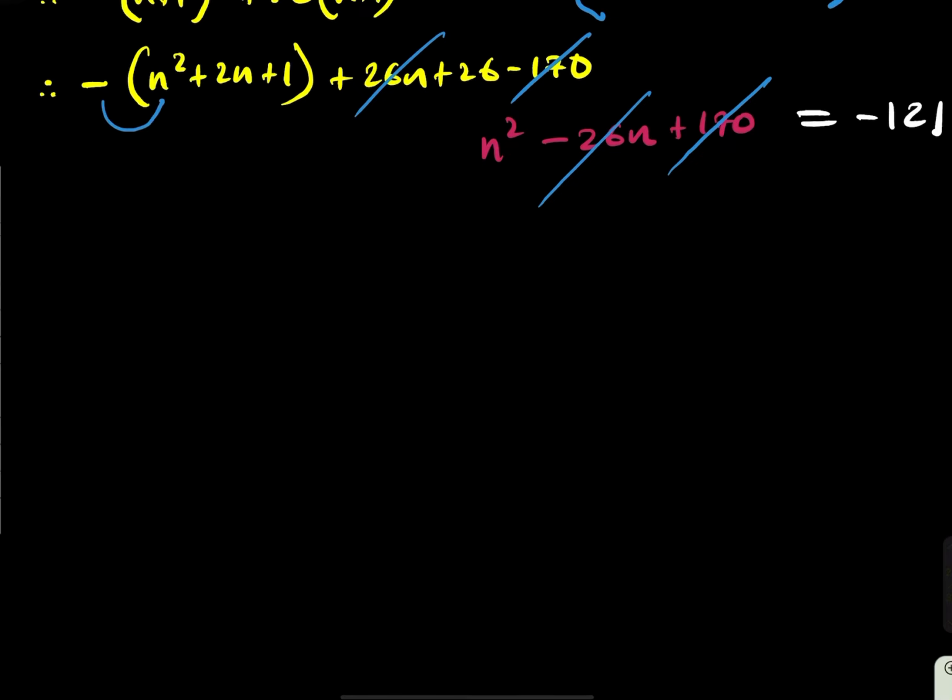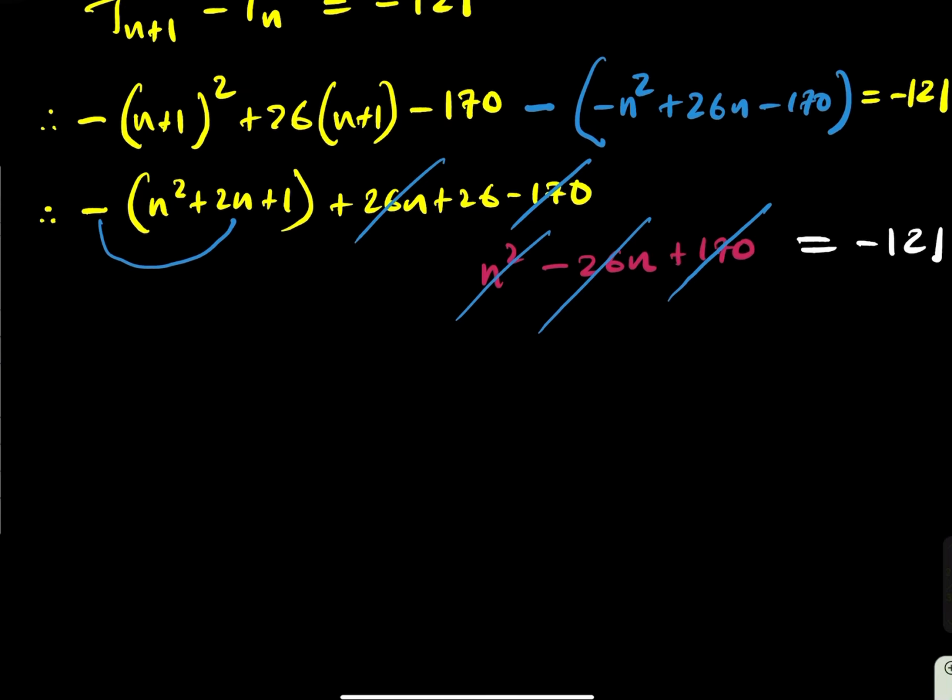But if you multiply these ones, it's going to be negative n squared, so it's going to cancel with the positive 1 this side. Then I'm left with the negative 2n. So I'm going to put negative 2n, and negative 1 plus 26, so this is positive 25. This positive 25 is equal to negative 121.